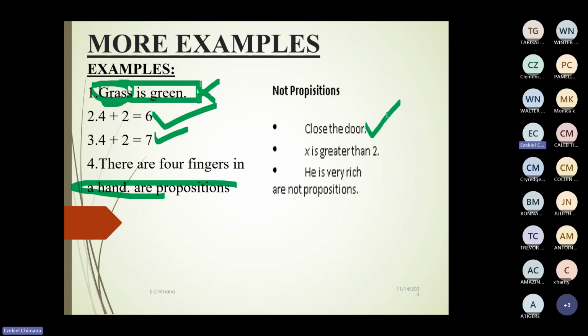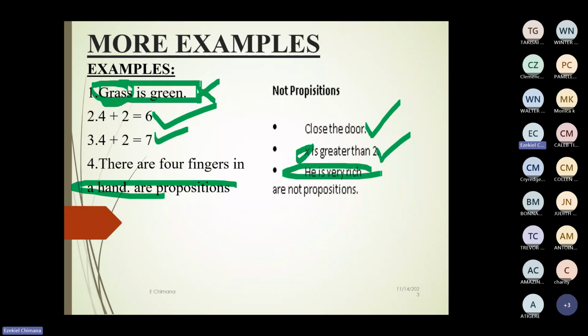If you are saying close the door, it's not a proposition. If you are saying x is greater than 2, this one is not a proposition. Why? Because we do not know the value of x. So we cannot say x is greater than 2 unless we know the value of x. Whenever we substitute the value of x, this one can become a statement.